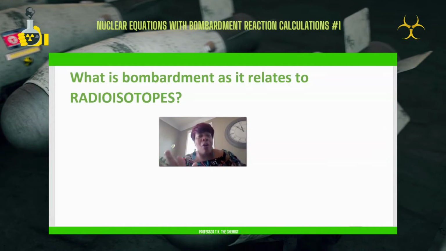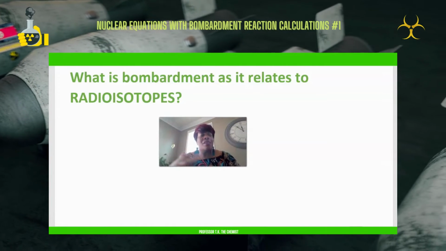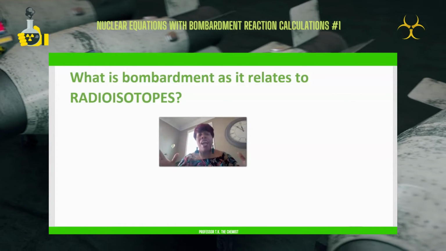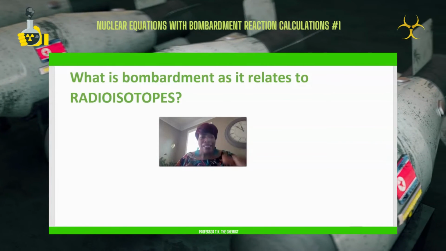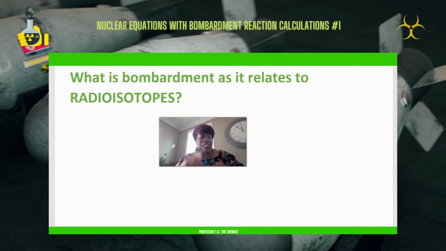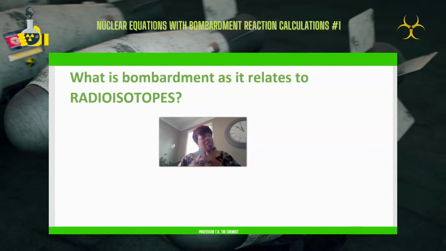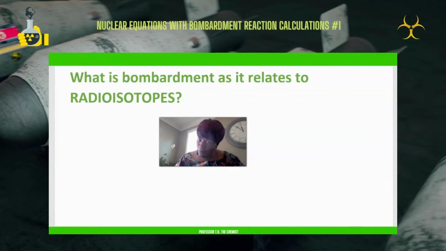If we talk about bombardment as it relates to chemistry, there's also a connection with nuclear attacks, nuclear energy, nuclear chemistry. Okay, let's get into this lesson on how to actually write out a chemical reaction that deals with bombardment.